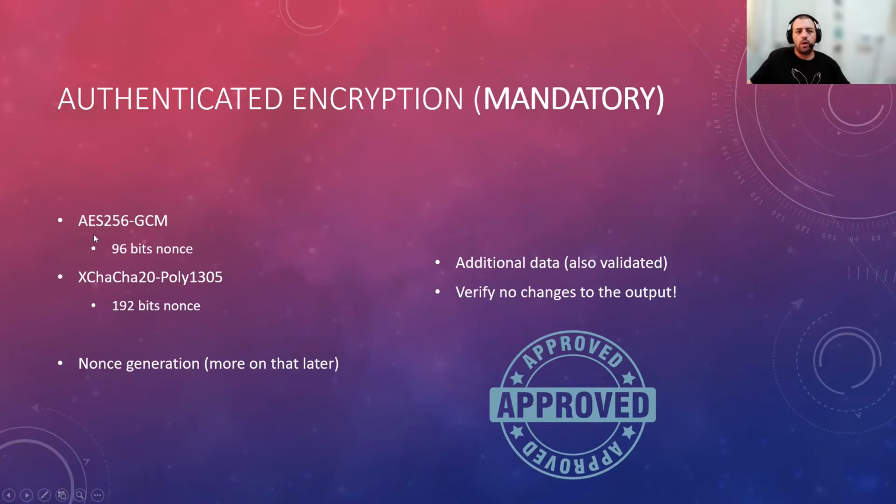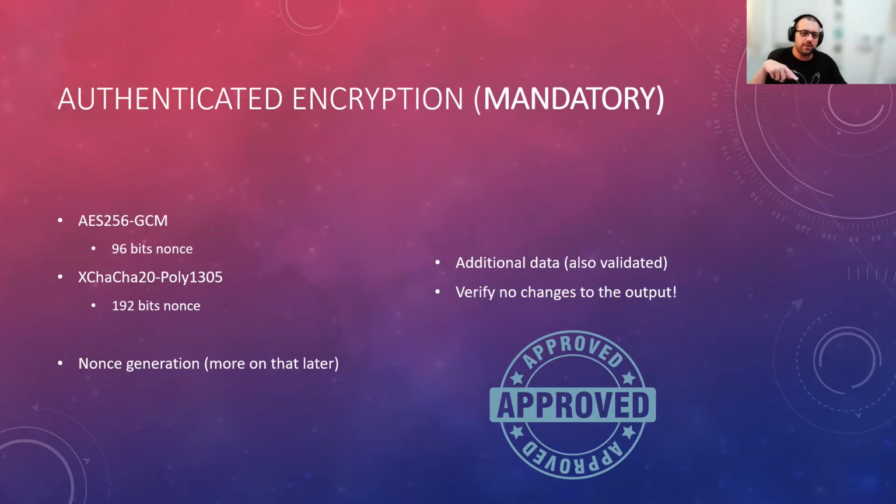Now, look at those two guys. The nonce for AES is 96 bits. The nonce for XChacha is 192. Why does it matter? Well, it matters because remember what is the one requirement from a nonce. The one requirement from a nonce is that it has to ensure no repetition.